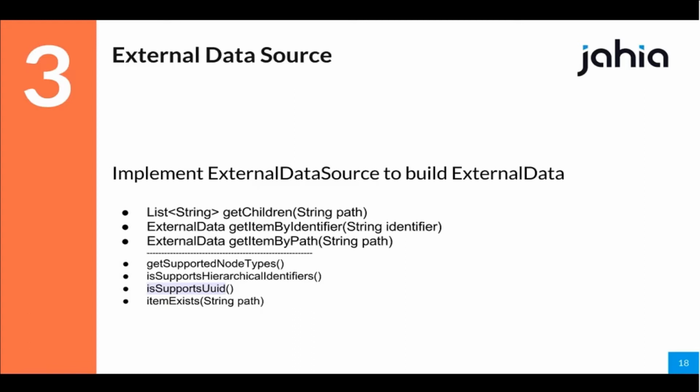And if you have an external data system that doesn't handle identifiers, Jahia will manage and create for you a unique identifier by path. So that for Jahia, you will be able to do references using UUID, so universal unique identifier. And then there are a few smaller methods about the node types that you are supporting, and if you support identifiers and things like this.